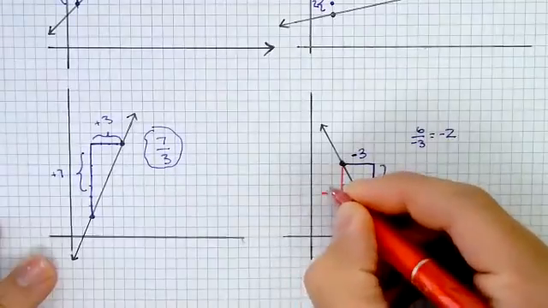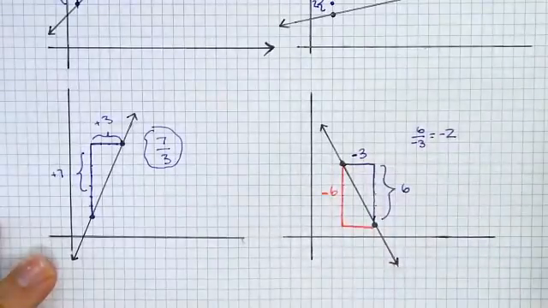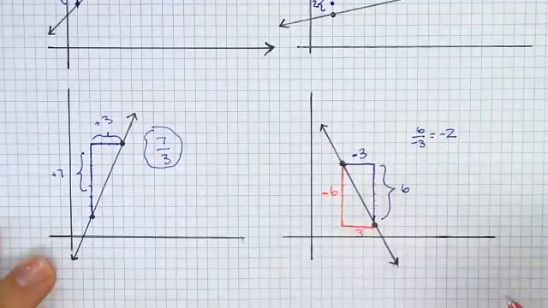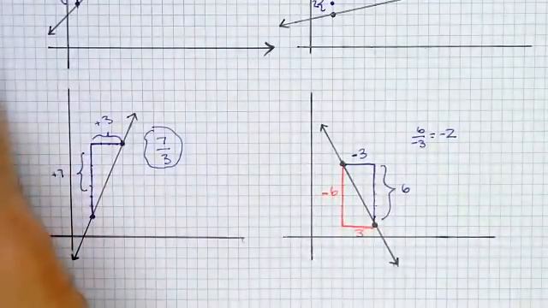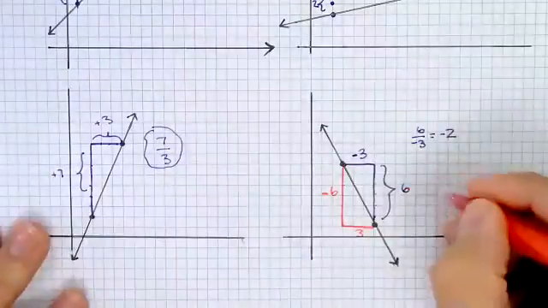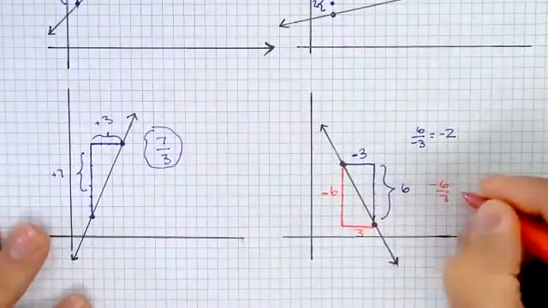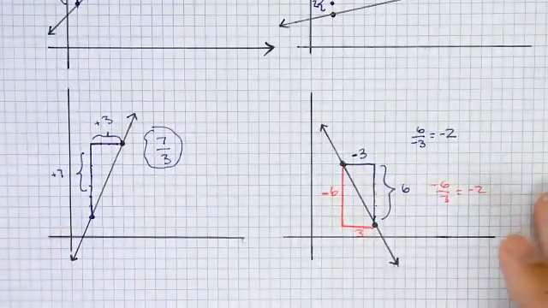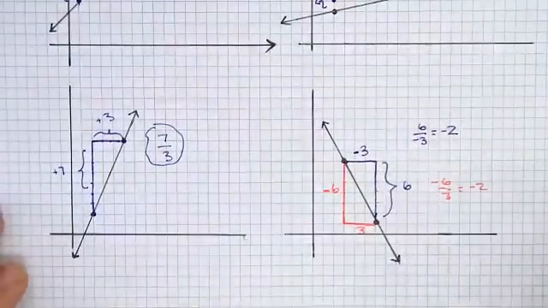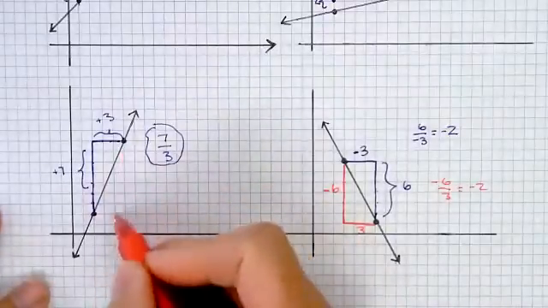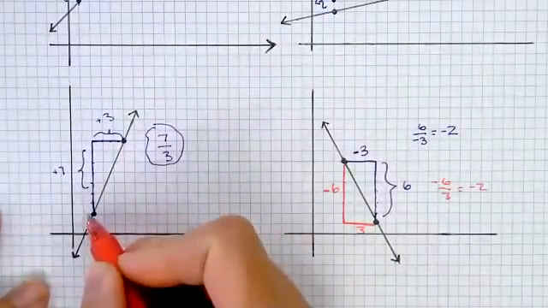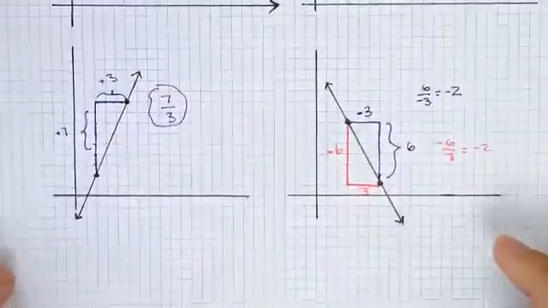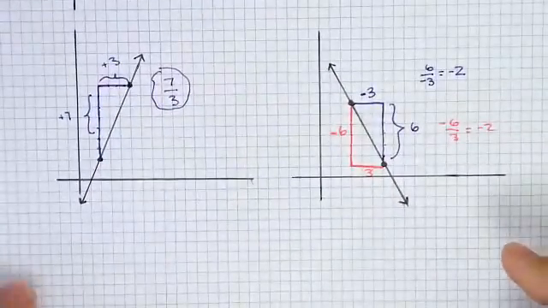So I'm decreasing by 6, so I get a -6 there, and then a +3 there. So I still get my -6/3, which still gives me a slope of -2. And you could have done the same thing if you make it on this side. You go down and to the left, which would make them both negative. So they'd still have the same slope.